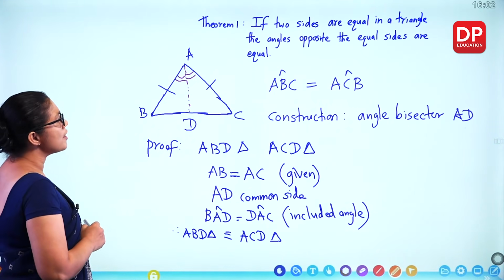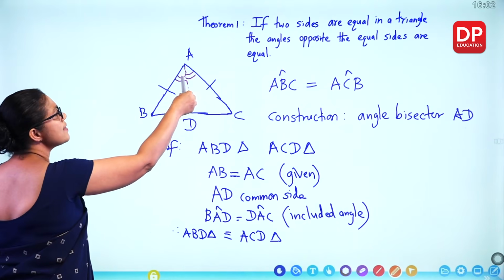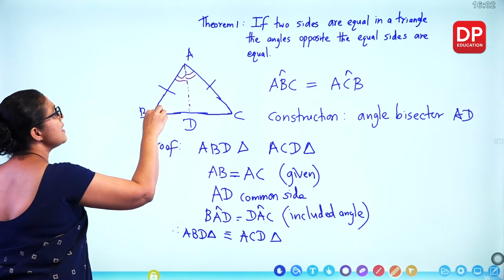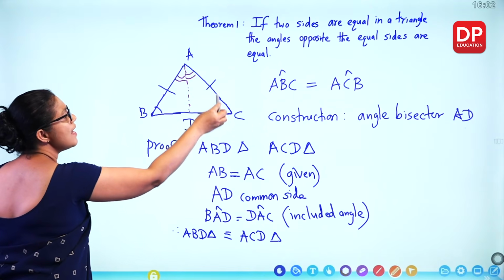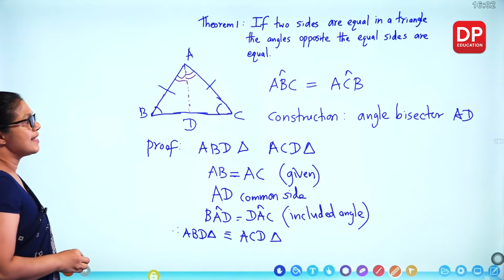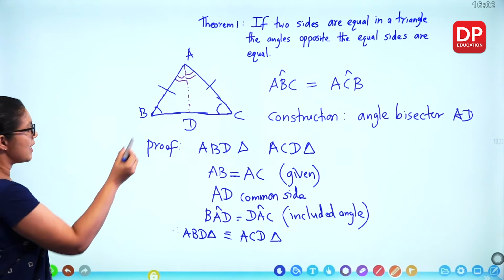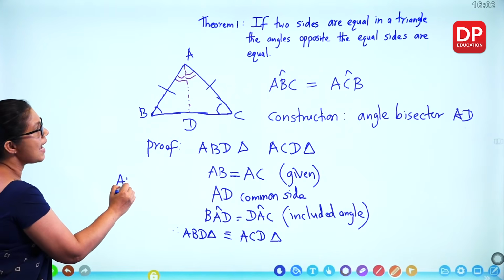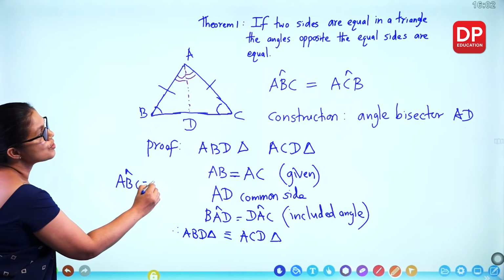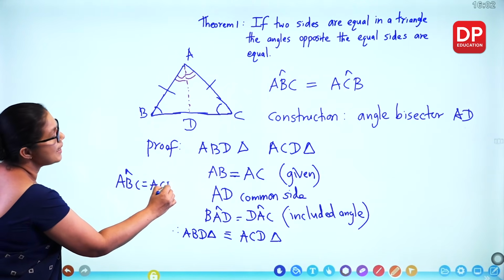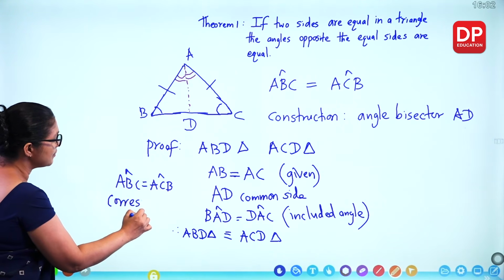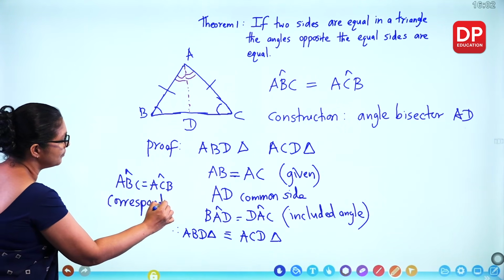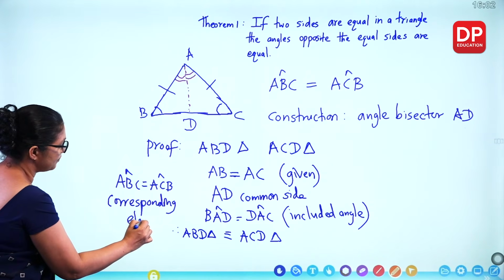So what are the corresponding elements? Opposite to AD, the angle is B. Opposite to AD to the other angle is C. So that's why we can say ABC angle is equal to ACB angle because those are corresponding elements.